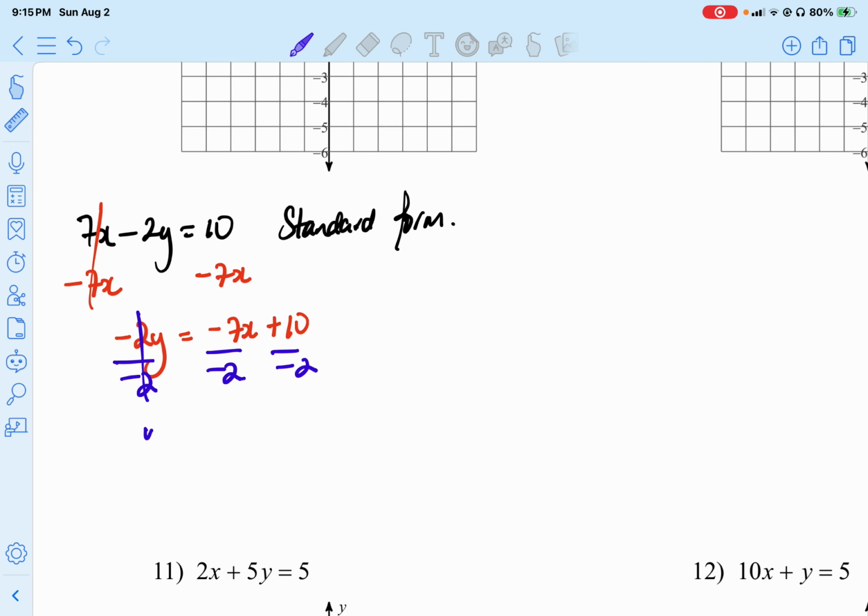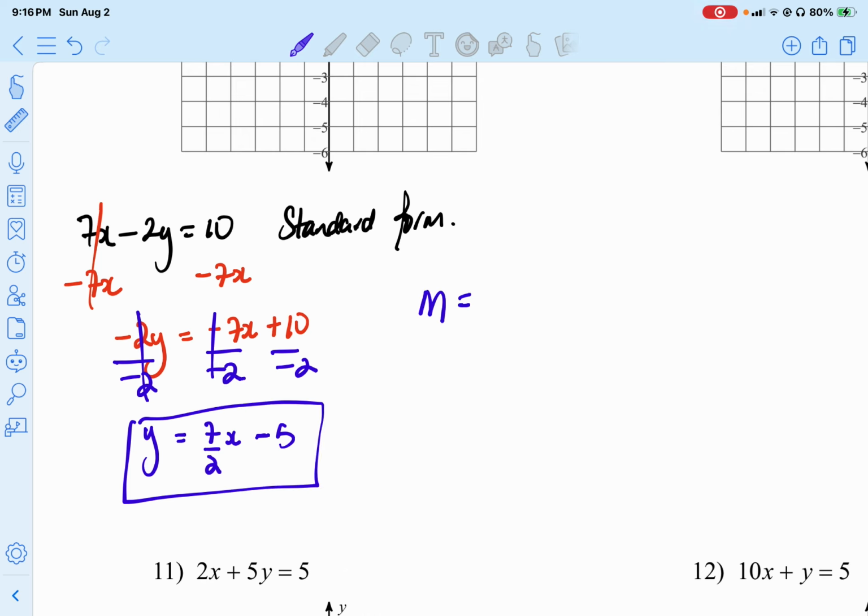That will just leave me with y is equal to, these two negatives will cancel, leaving 7 over 2 x, and 10 divided by negative 2 is negative 5. Once you do this part properly, we're able to identify our slope, which is 7 over 2, and our y-intercept, which is negative 5.